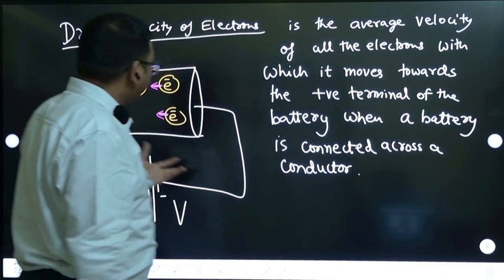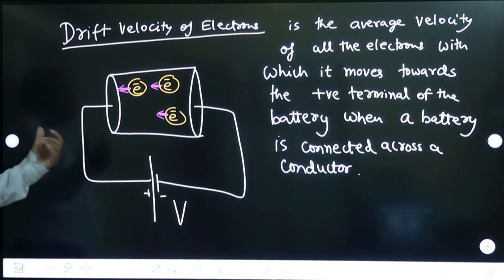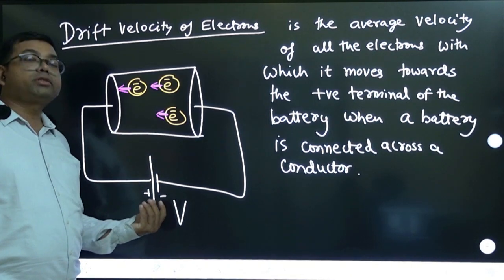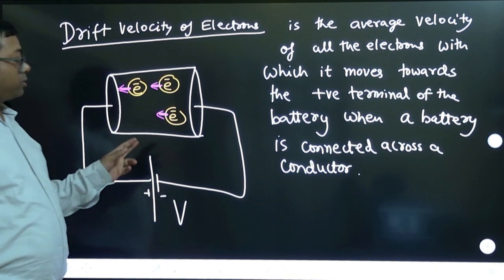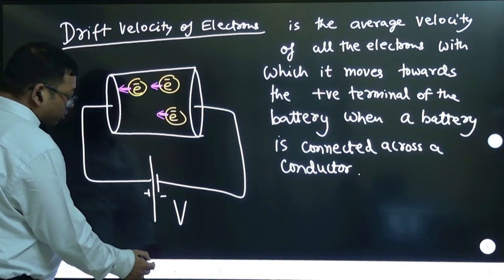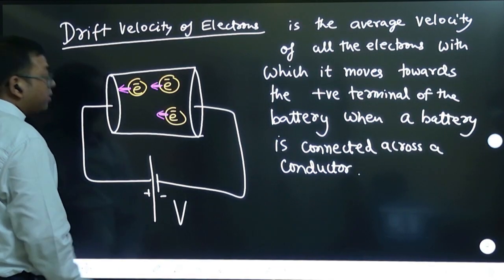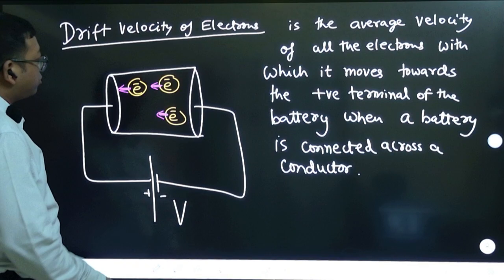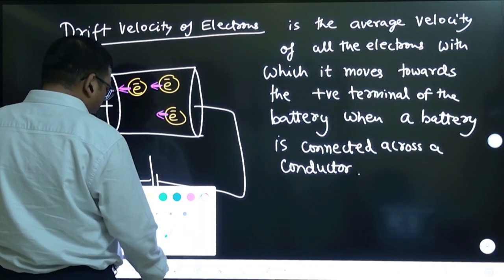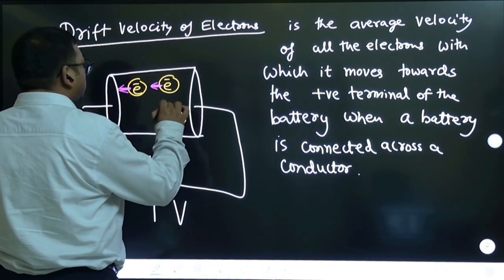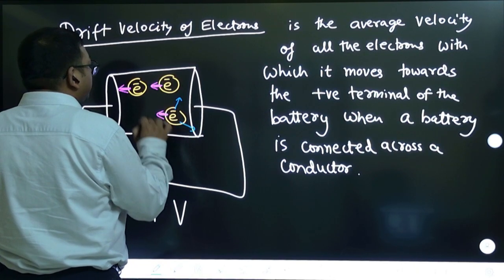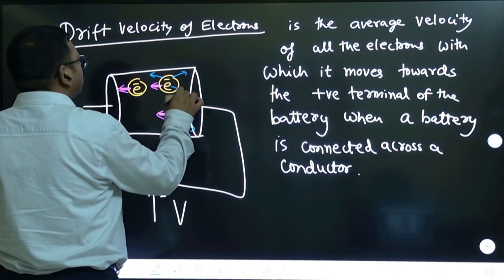So when you connect a conductor, the electrons start moving towards the positive terminal because of force. Positive charge will attract the electrons. So this average velocity is called drift velocity. Note that electrons also have thermal vibrations or random motion. Each electron can be moving in a random direction, here, there.